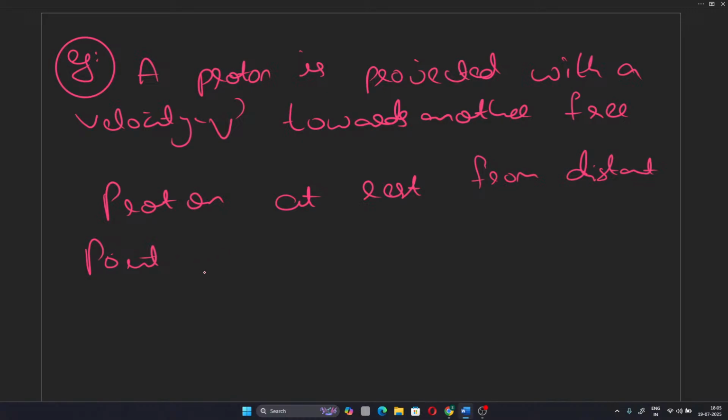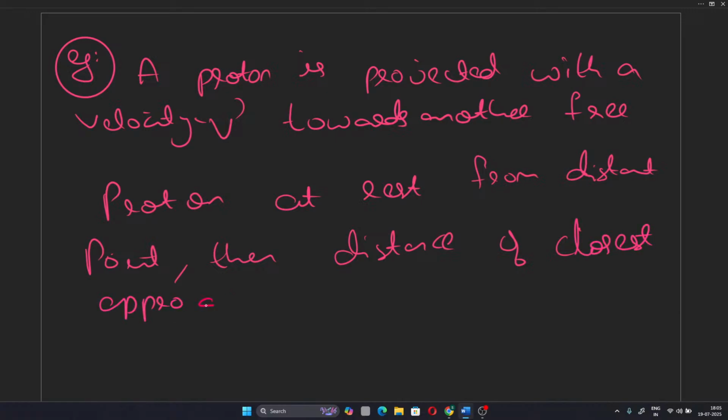Then the distance of closest approach will be.